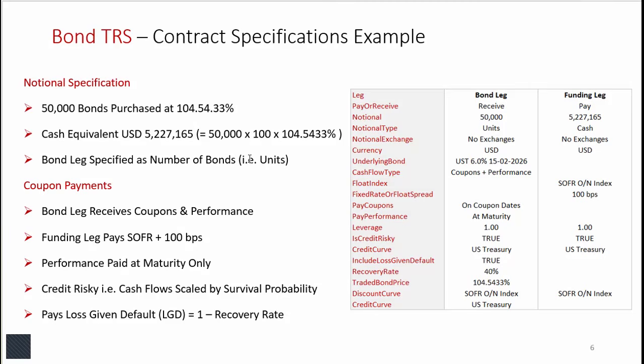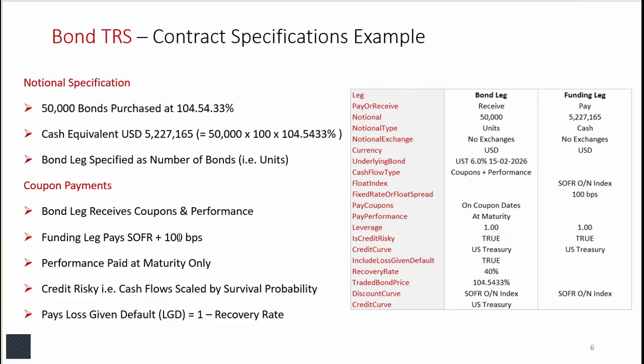Now, coupon payments: I've specified to have coupons, and I'm expecting coupons and performance. So I've selected coupons and performance here, not just coupons or just performance, but it's mostly common to see coupons and performance together. That's the standard case. Funding is float funding here, SOFR funding plus 100 basis points.